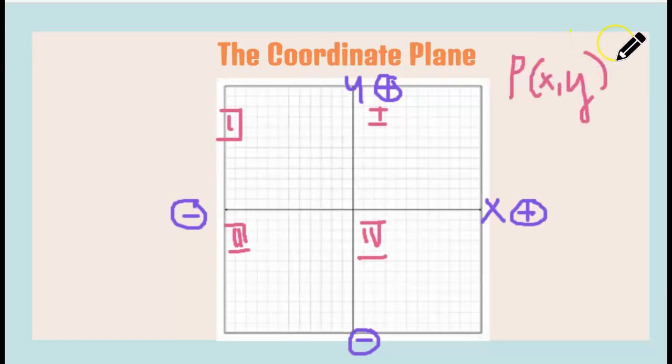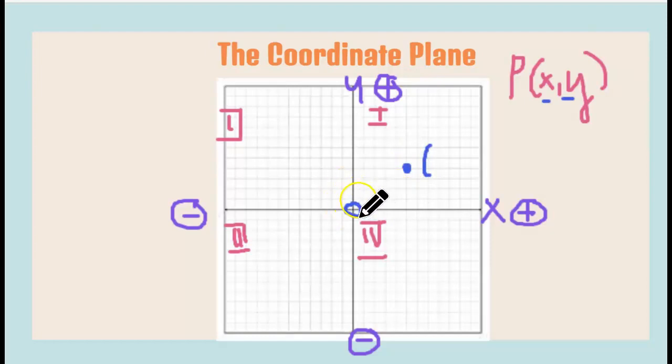So let's say I would like to plot a point right there. I'm going to take x first and then y. This is x and it's positive. I could just count from the center. Oh, by the way, this is your center and that's the origin.